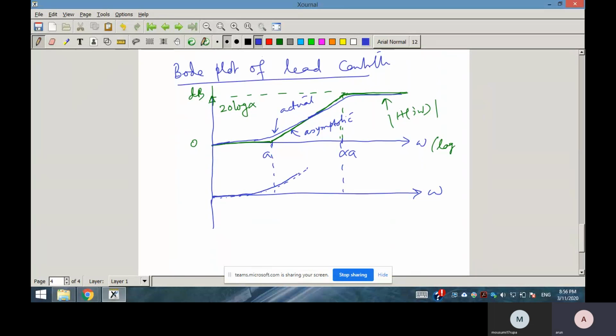This will be your phi m. This is your a, this is your alpha a, and this is a root alpha, that means the geometric mean of a and alpha a. That is the frequency at which it gives the maximum phase. This is your phi m that I have already mentioned.